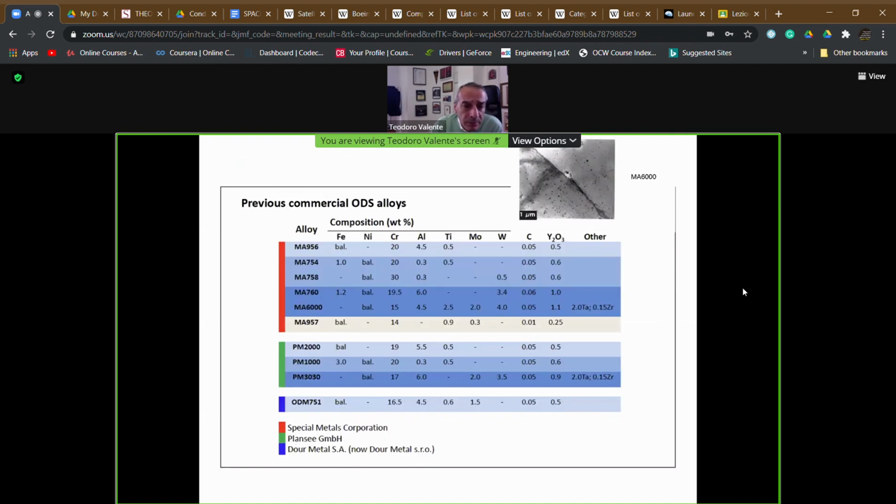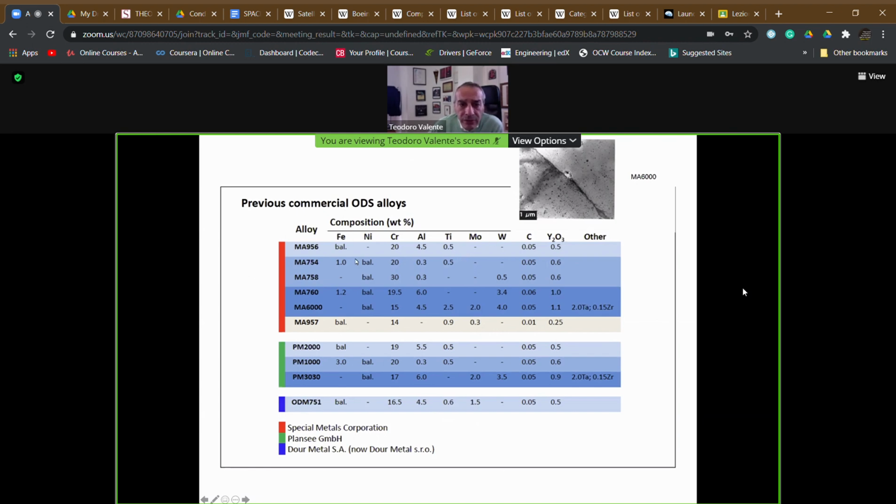These are some of the most known superalloys which are used for the fabrication of ODS materials. As I told you, if we have a look at this picture in the upper right corner of the slide, we can see the black dots. These black dots are the yttria ceramic particles, which are dispersed inside the metallic matrix.